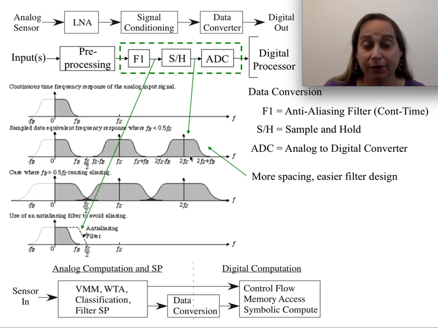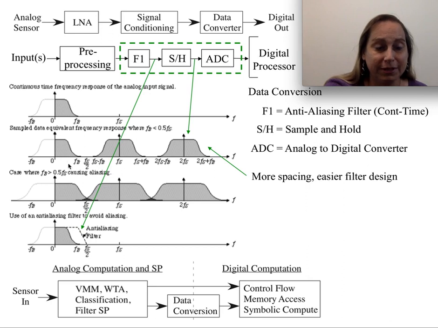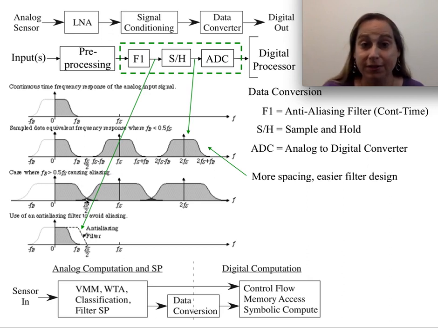You're convolving it with a whole comb filter set. If I can guarantee it's band limited at some place and I space it further than that, then life is good. The problem is if I get too tight in frequency, all of a sudden these various frequency components combine, and it's hard to separate them out. This is what's typically called aliasing.